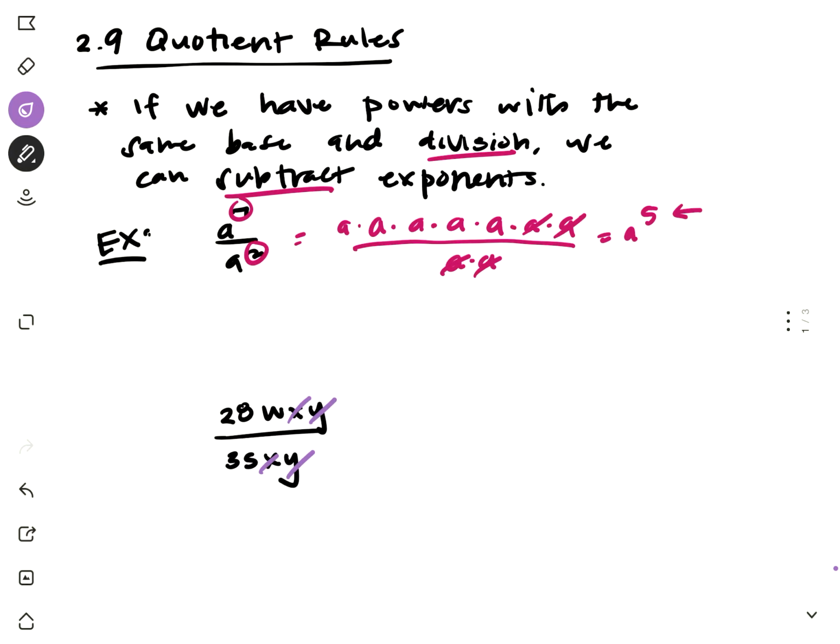So 28 divided by 7 is 4, 35 divided by 7 is 5. So our whole thing simplified, we have 4w in the numerator and 5 in the denominator. So just take it piece by piece, step by step, and you should be pretty good.